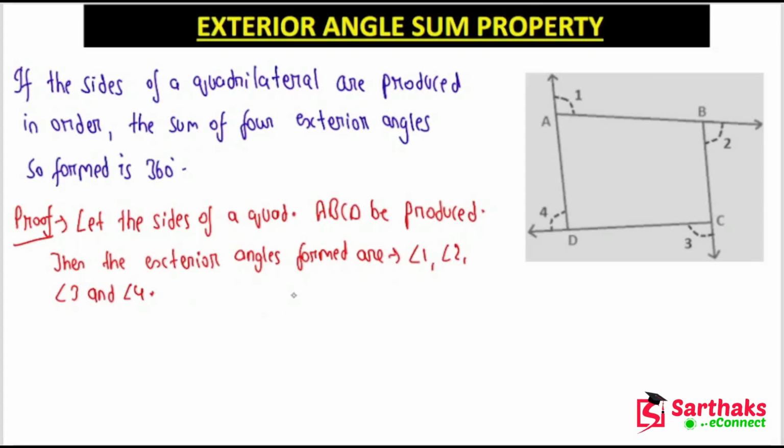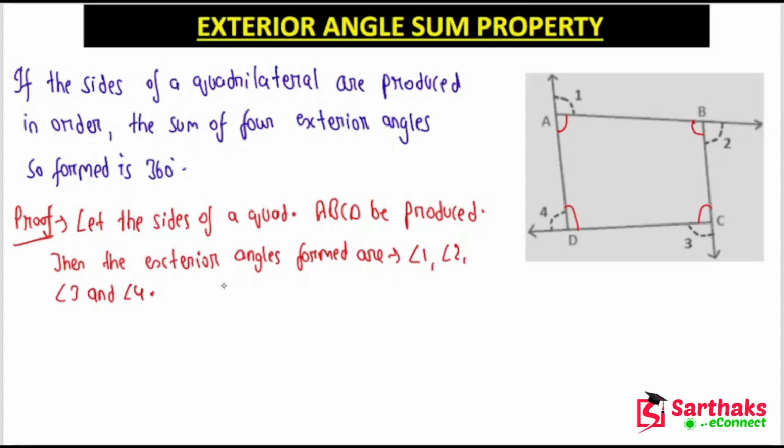Okay, so the exterior angles we formed from this quadrilateral are 4 angles. You can clearly see this angle 1 is nothing but a linear pair with this interior angle A. This angle 1 and this interior angle A together produce a linear pair. Similarly, angle B and angle 2 is a linear pair. Angle 4 and angle D is a linear pair. Angle C and this angle 3 is a linear pair.